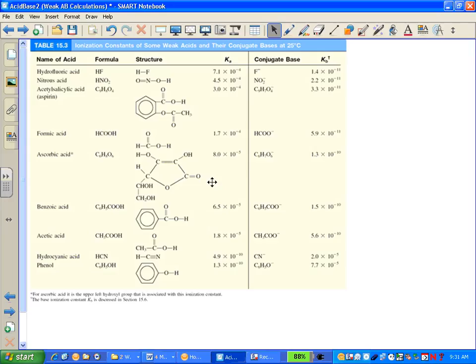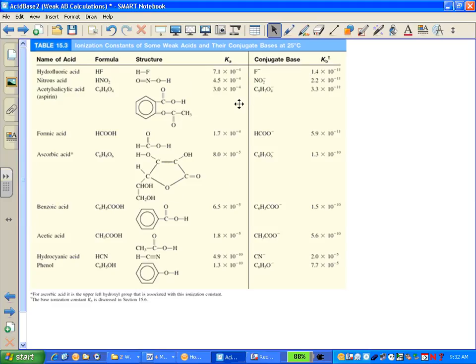If you look at this table, this is the one that's in your textbook and it's also in your notes. It shows you the formula for some weak acids and their structure, and it gives you the Ka values. It also gives you the Kb value for the conjugate, which we'll discuss momentarily, but as you know, HF, its conjugate is F-, so it gives both the Ka value for that and the Kb value for the conjugate.